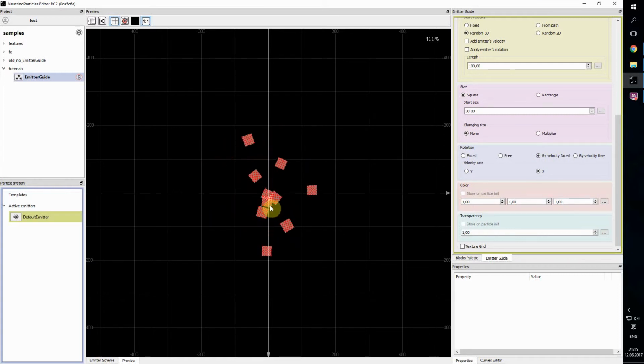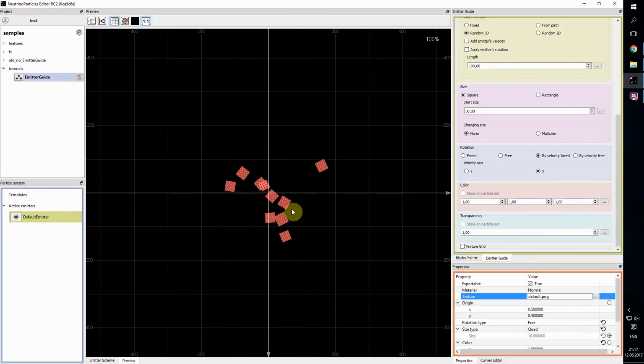Actually, particles will not just look to the velocity vector, but they will strive to rotate to that velocity vector. But this mode guarantees that all particles always look to the camera.